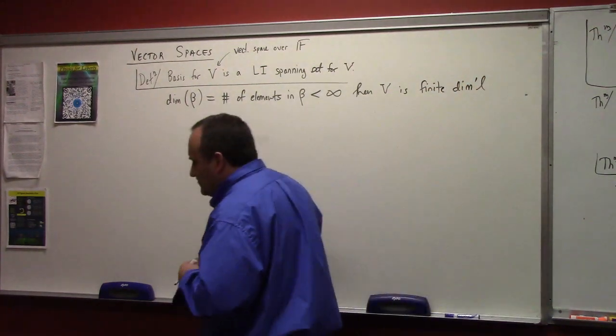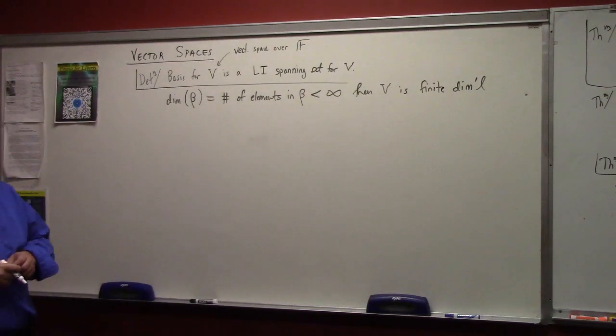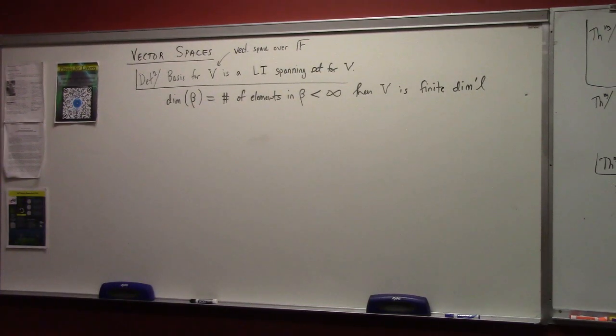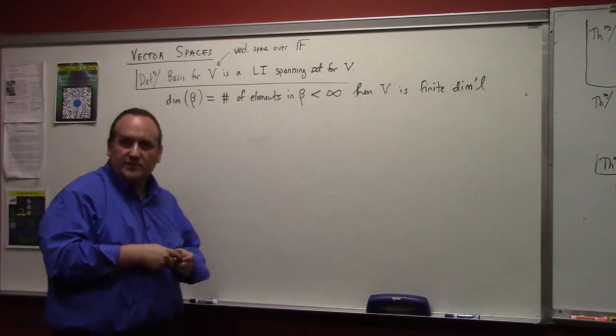All right? V is a finite dimensional vector space if there exists a basis, right?